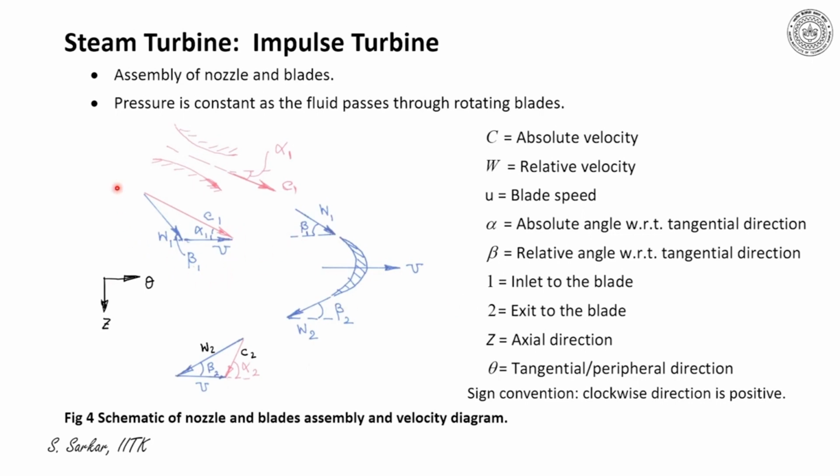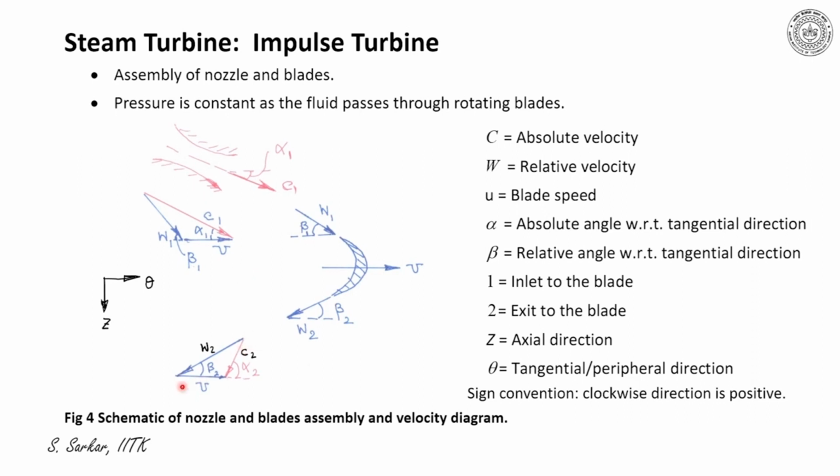U is the blade speed as I have told earlier. Now I have drawn the velocity triangle at inlet and exit. So vectorial addition of W and U will give C. So W1 plus U1 is equal to C1. W1 makes an angle beta 1 and C1 makes an angle alpha 1 with respect to tangential direction.